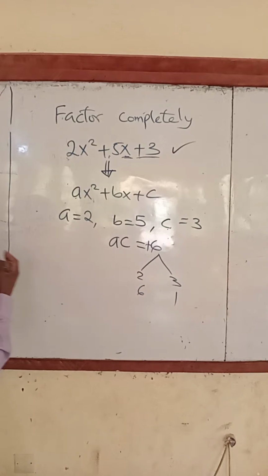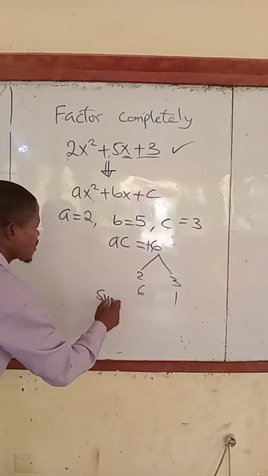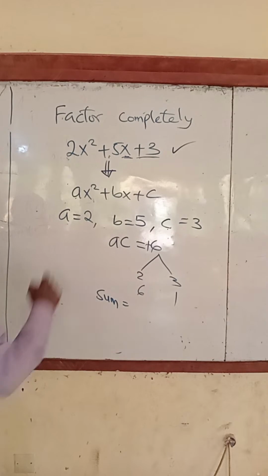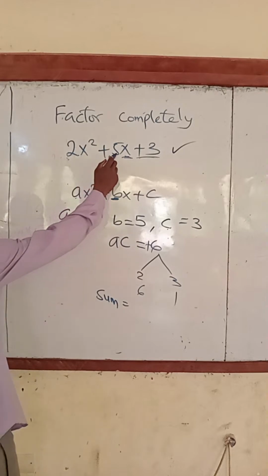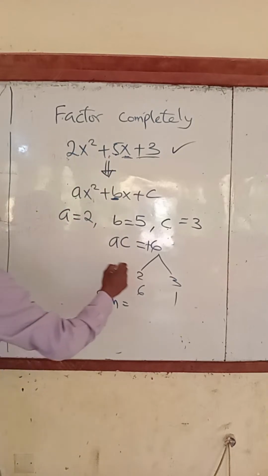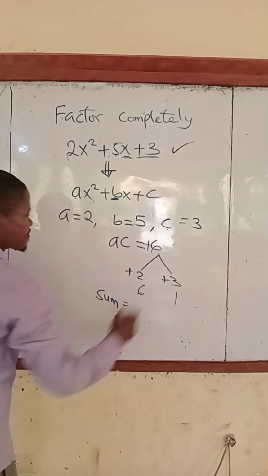Then the next thing is to find the sum of those two factors that can generate the b, that can generate 5, which is the b. So that will be plus 2 and plus 3.